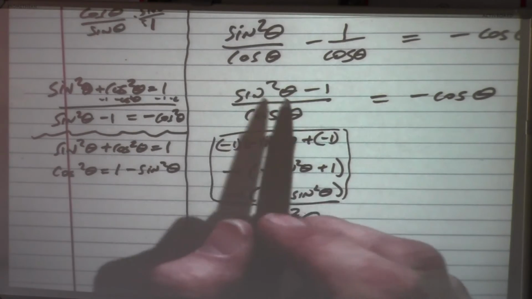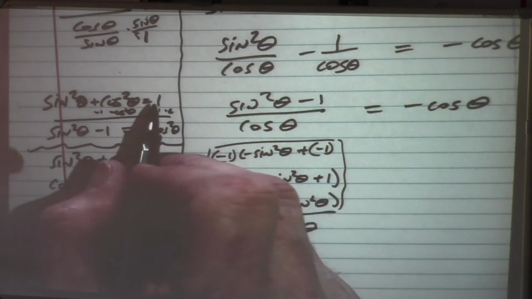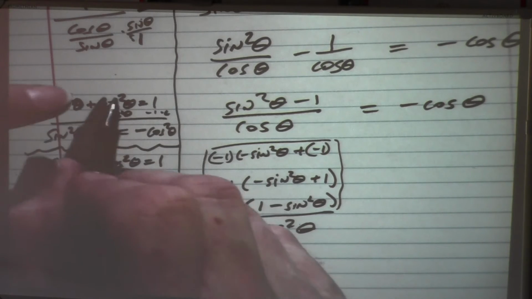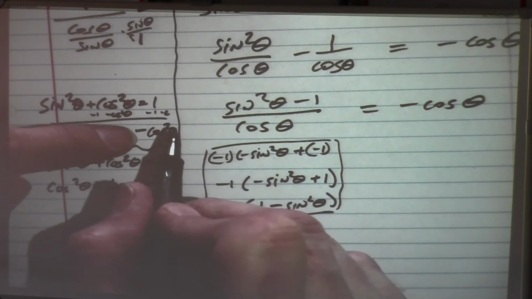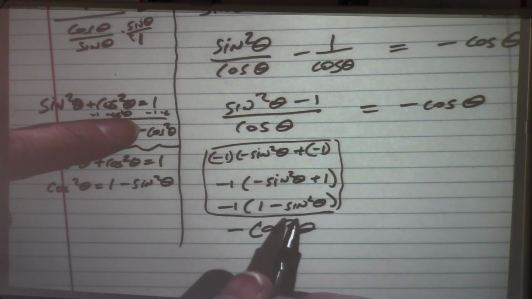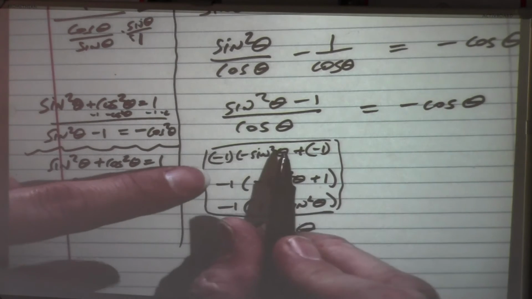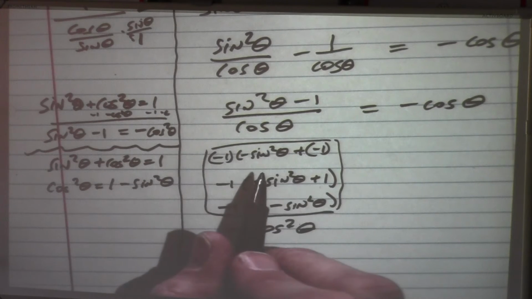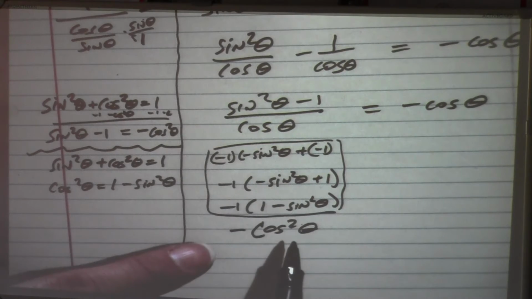You can see, in a problem like this, if you see that the signs are reversed, just redo the Pythagorean identity by bringing the 1 this way and the cosine squared that way, and you can put negative cosine squared theta there. So that's a simpler method. It may or may not be easier to remember. This method works for other things other than sine and cosine, so that's why I wanted to show it to you. But for what we're doing right now, that's probably a good way to think of it.